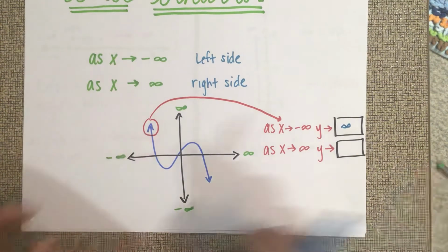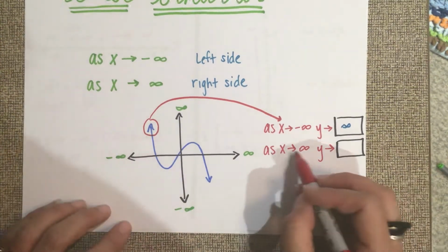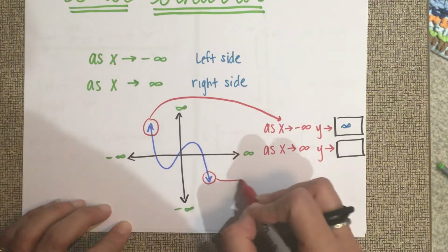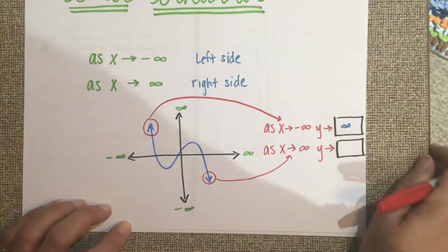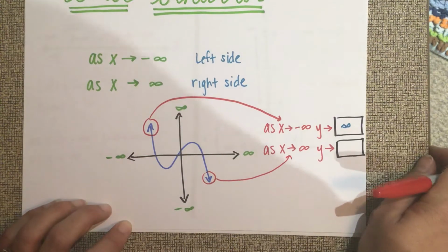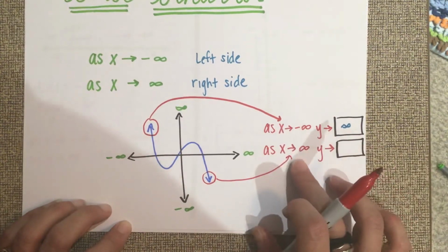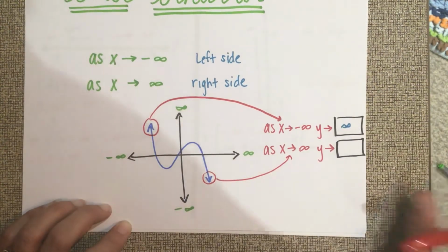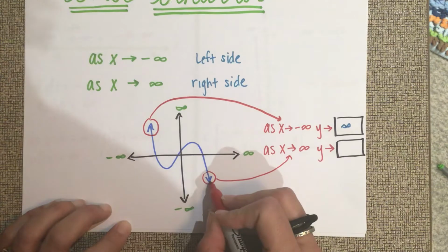Now, the second one, as x goes to positive infinity, so now we're referring to the right-hand arrow. In our class, we're always going to do the left-hand arrow, then the right-hand arrow, because it's like you're reading a book from left to right. It's what we're naturally used to doing. So now this arrow is going down.